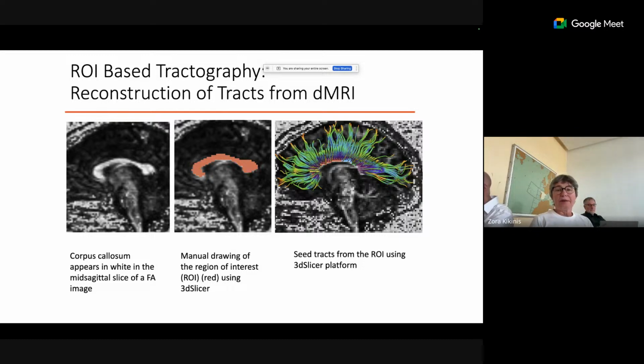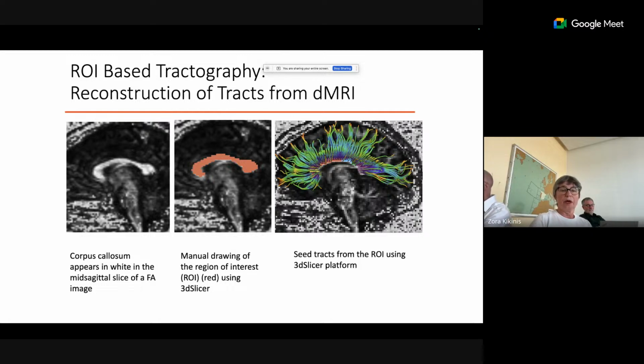And so, what is the process in the 3D Slicer? How do I do tractography? How do I reconstruct these tracts? This is an image on the left. There is an image of the corpus callosum.